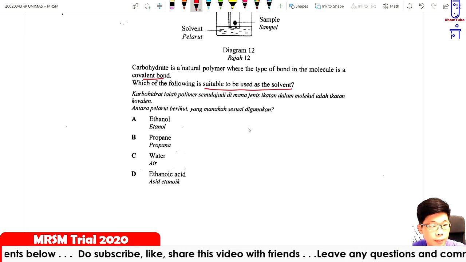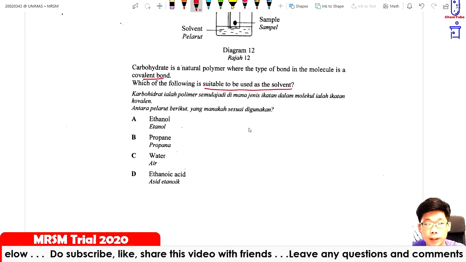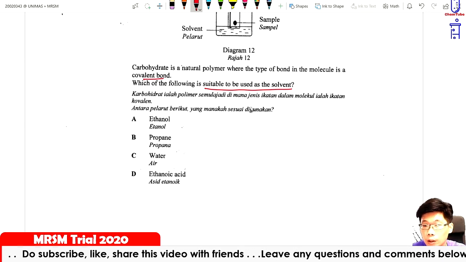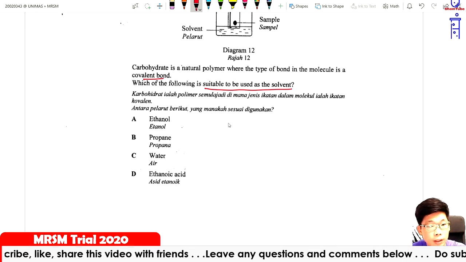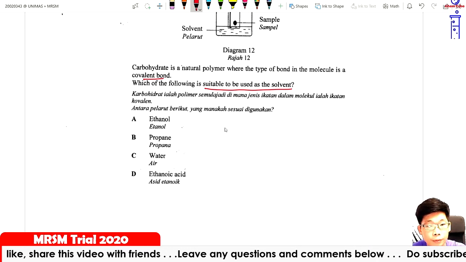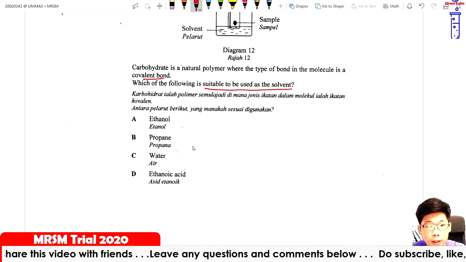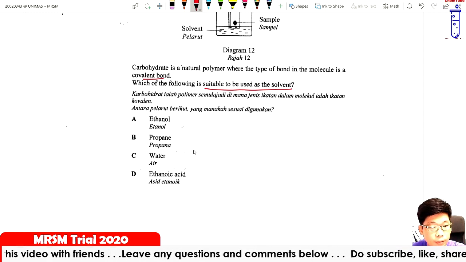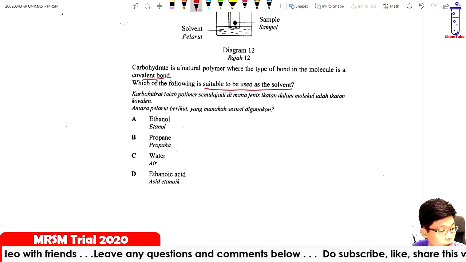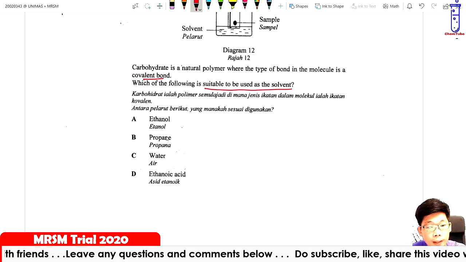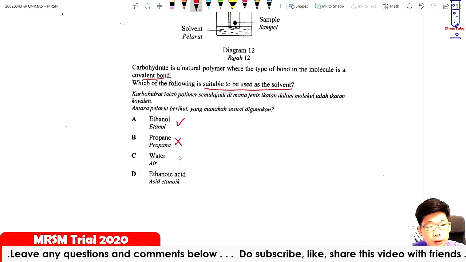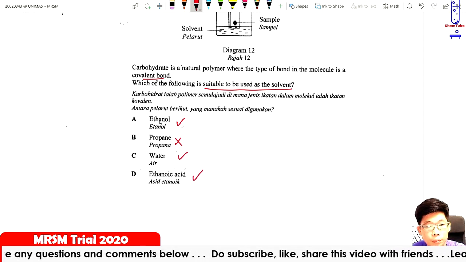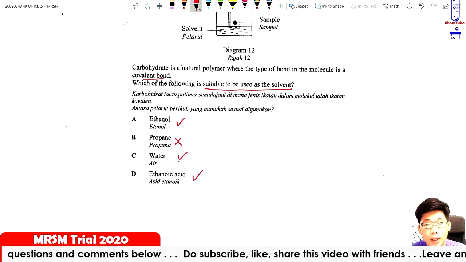As I checked through the internet and asked the supervisor in the university, we found out this question actually is not correct and has no answer, because so far only propane cannot be the solvent. Ethanol, water, and ethanoic acid, these three can be the solvent for the carbohydrates.